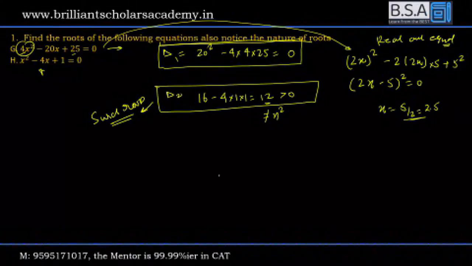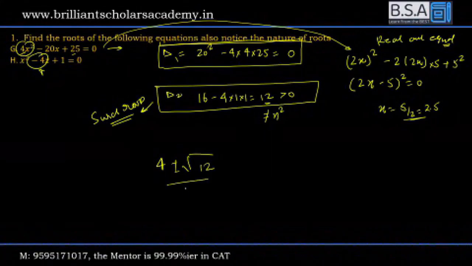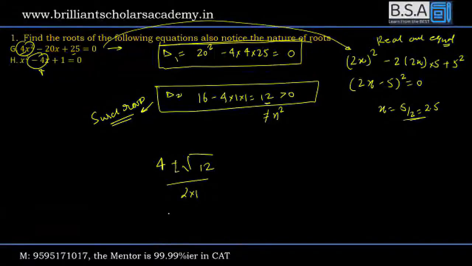तो भी surd root में क्या होगा? You put minus b plus minus root over delta upon 2a. So आपका बन जाएगा 2, ये बाहर आ जाएगा 2, 2 plus root 3, minus root 3. Again, understand the condition.